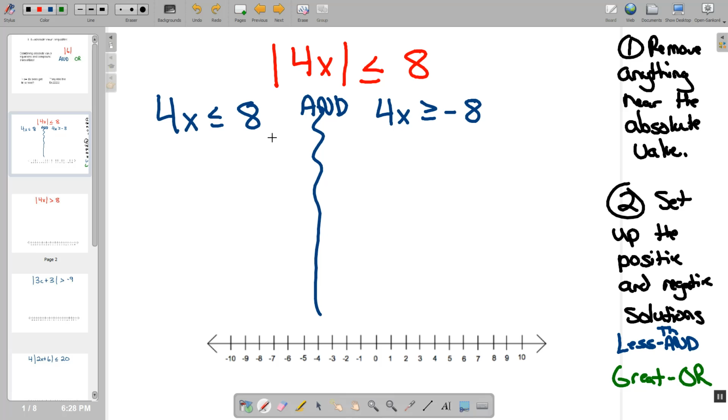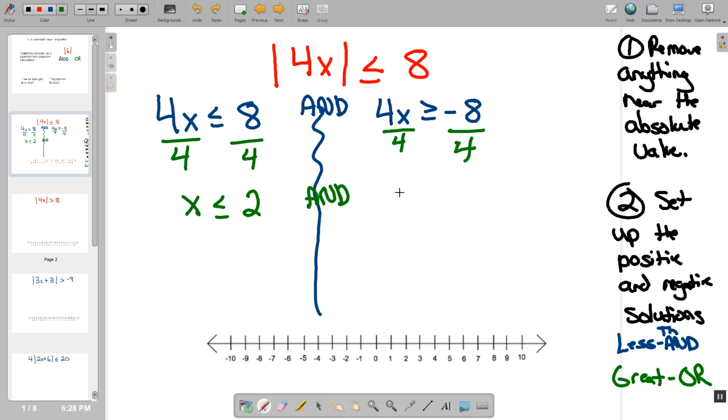Now that we have the and statement set up, we can simply solve this inequality like we've been doing. I'll divide both sides by 4 to get x is less than or equal to 2. And I will divide by 4 again to get x is greater than or equal to negative 2, which means when I shade, I'll shade between 2 and negative 2.